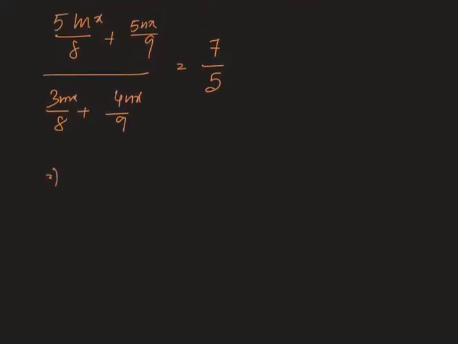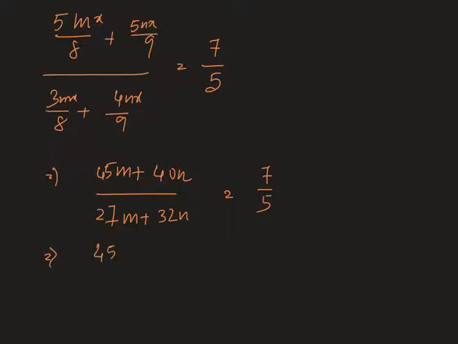Or we can write (45m plus 40n) divided by (27m plus 32n) is equal to 7/5, or (45 m by n plus 40) whole divided by (27 m by n plus 32) is equal to 7/5.